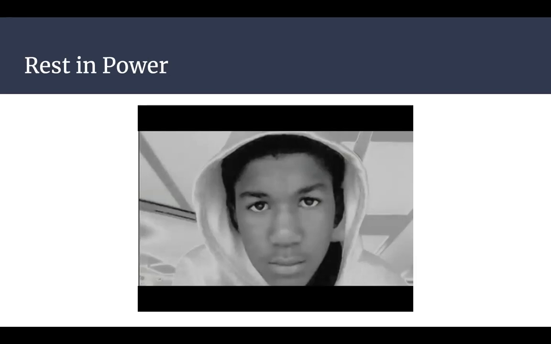And ultimately, the person that killed him, George Zimmerman, claimed that he was defending himself, and so he had to shoot him. Because there was no video or anything like that, and given the laws in Florida where this took place, he was found not guilty.